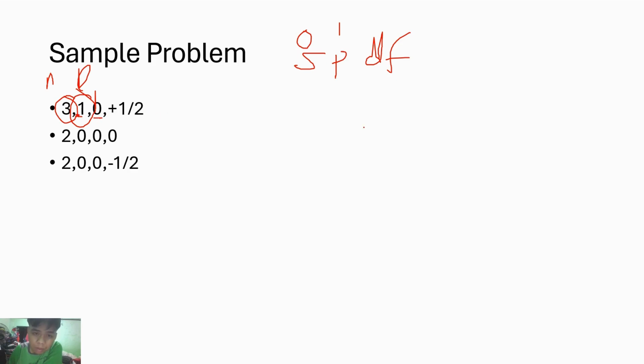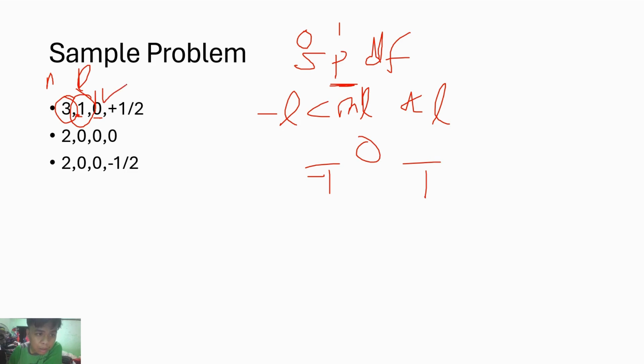Is it possible in this combination? Take note that ML is equal to negative L to positive L. So if this is 1, and 0, we have negative 1, because we start here at 0 and 1. So it is possible, check. And it must have a positive spin, so positive going up. So it is possible, check.